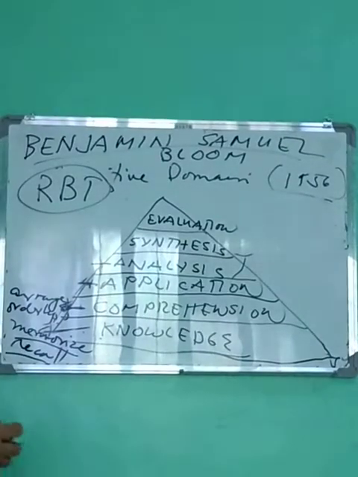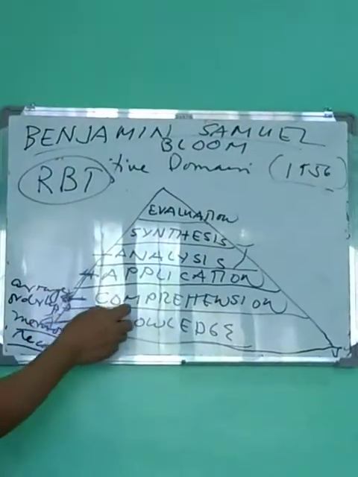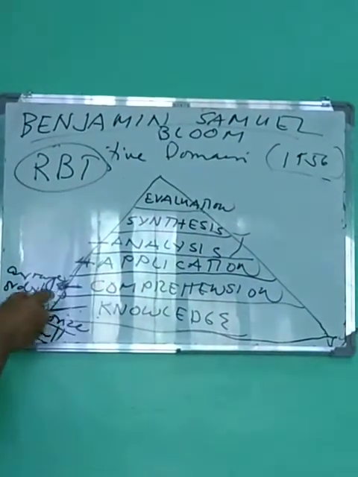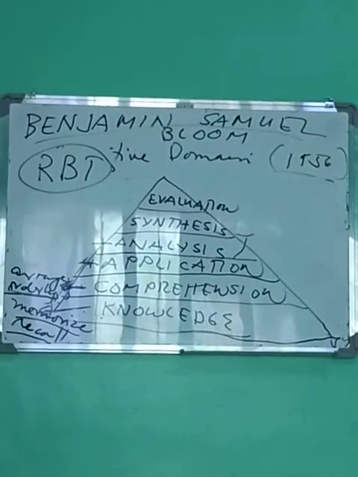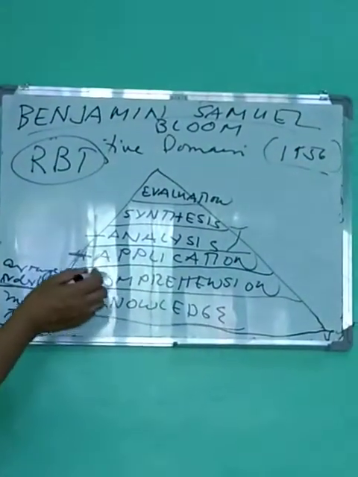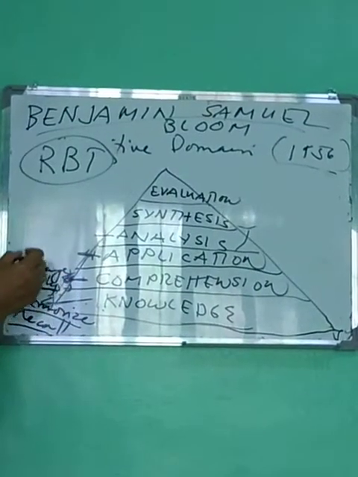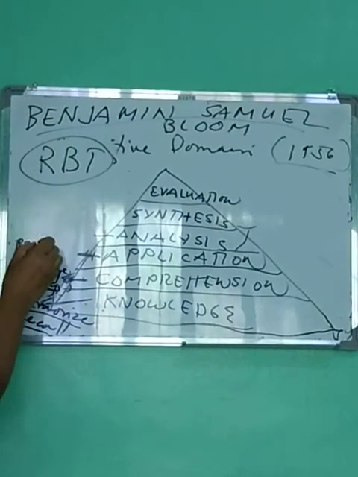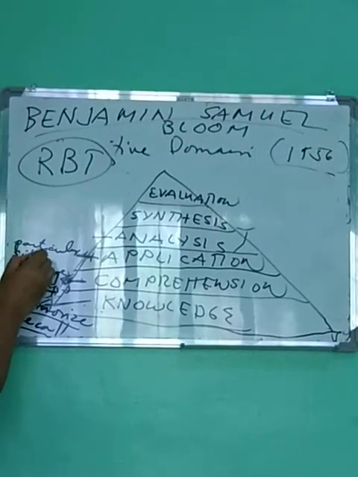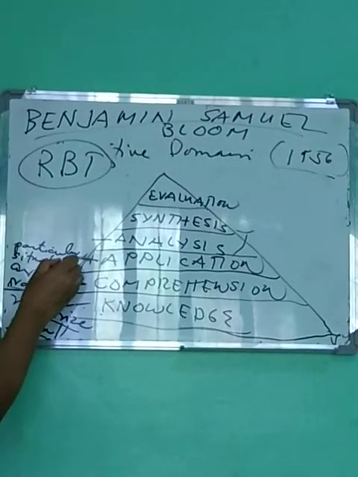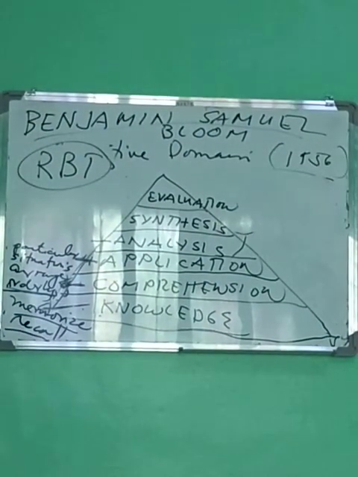That is how you comprehend. You have now to arrange the knowledge or the information that were taught to you in accordance with order. Application, of course, will require the application of the knowledge or information to particular situations. These are abstractions that you use in order to apply in particular situations.